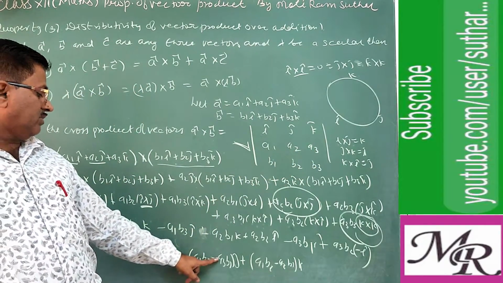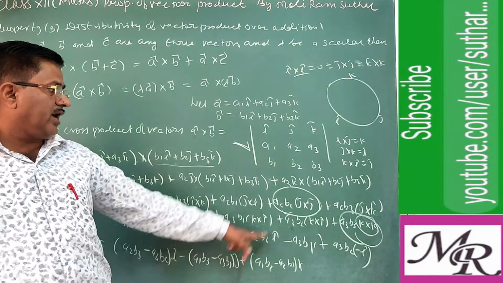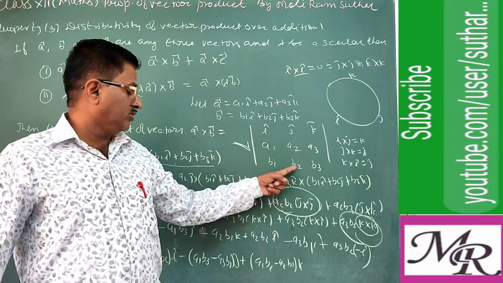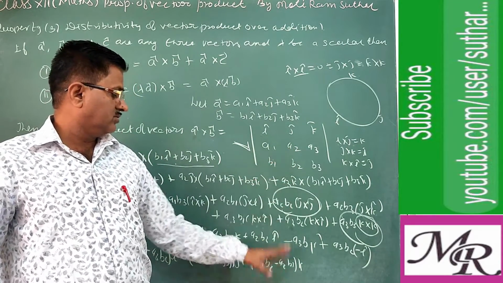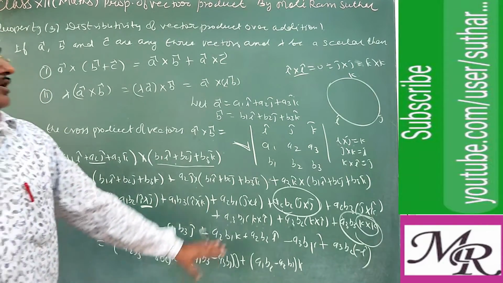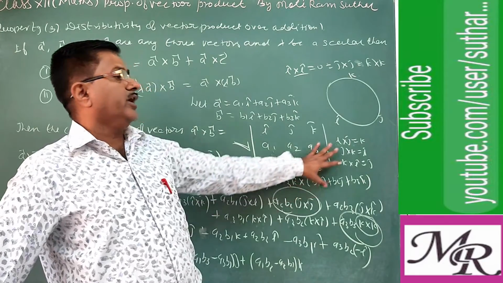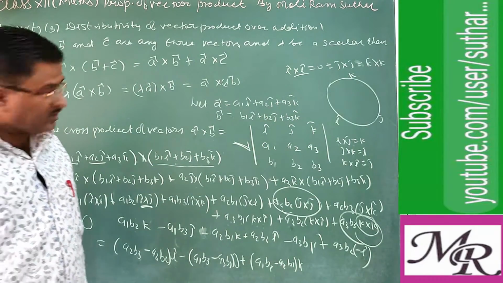Then K into A1 B2 minus A2 B1. So in this way the cross product can be easily calculated by using the determinant, so that it will be an easy form.